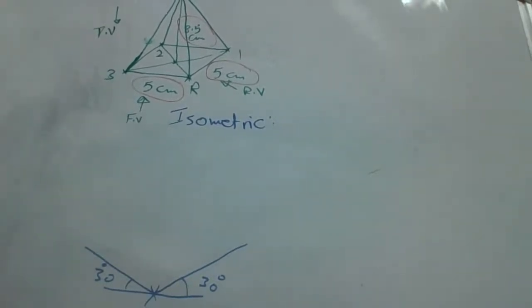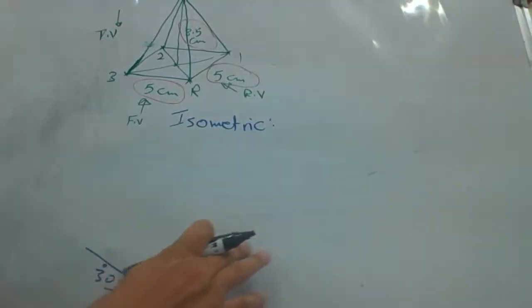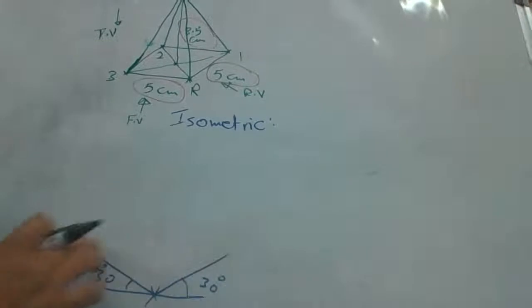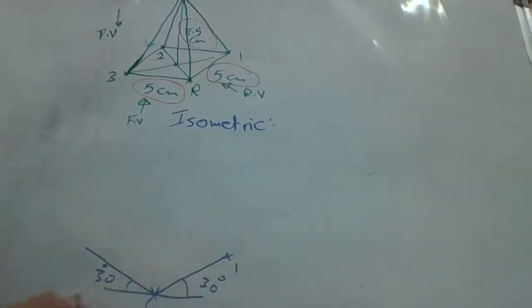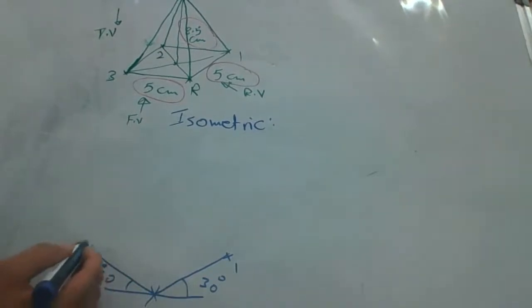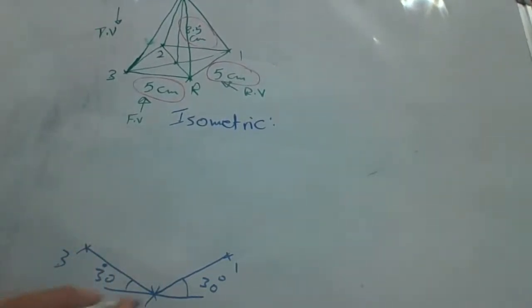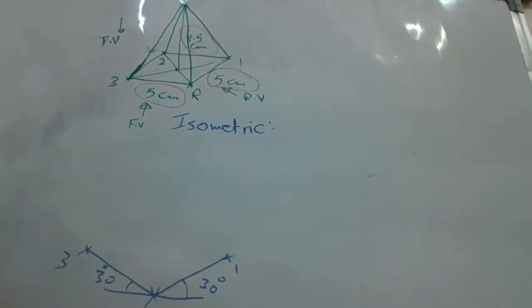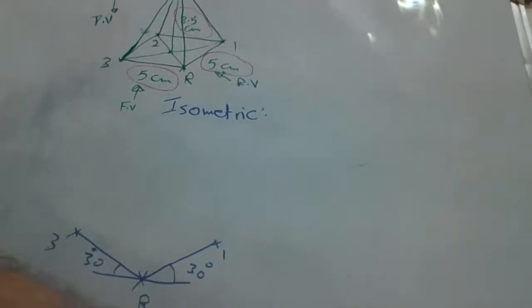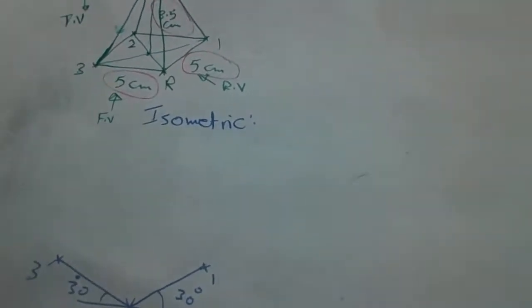So here we will start with the basement, R1 and R3. Okay, R1 and R3. We can continue to draw the given shape.